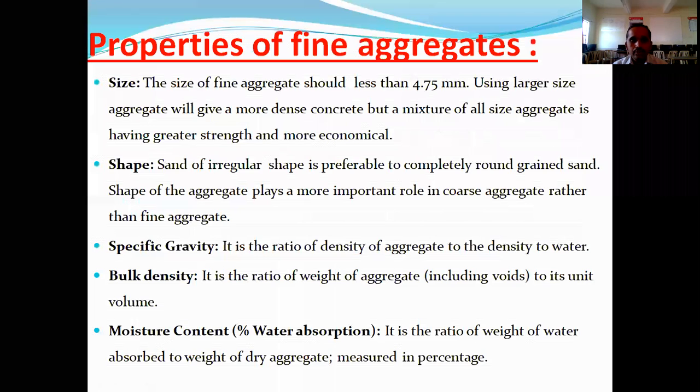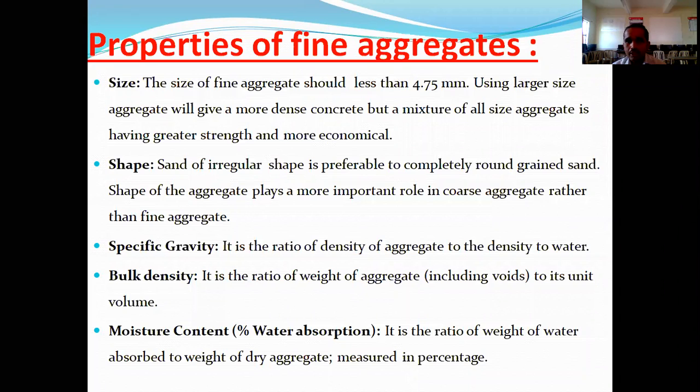The size, first one size. The size of the fine aggregate should be less than 4.75 mm. Using larger size aggregate will give a more dense concrete, but a mixture of all size aggregate has the greater strength and is more economical.